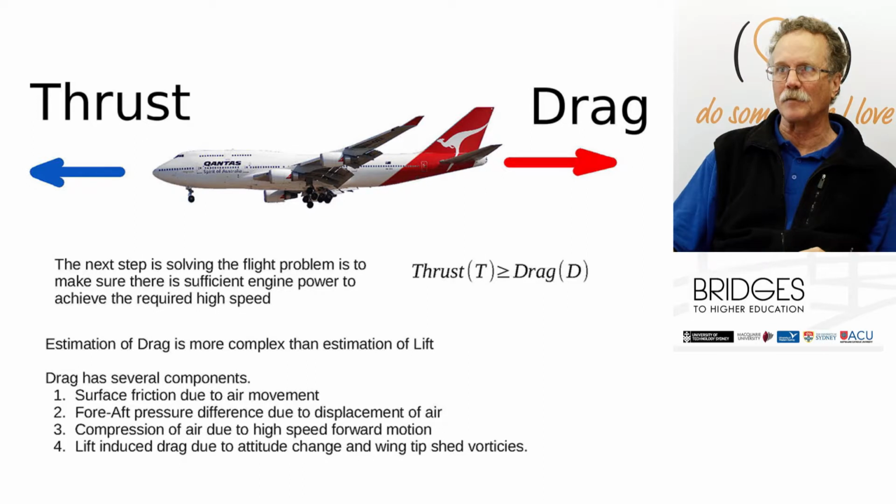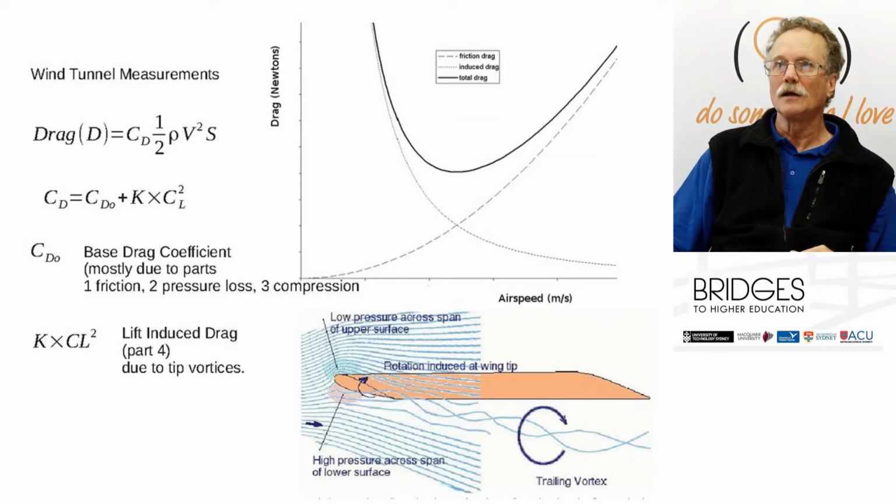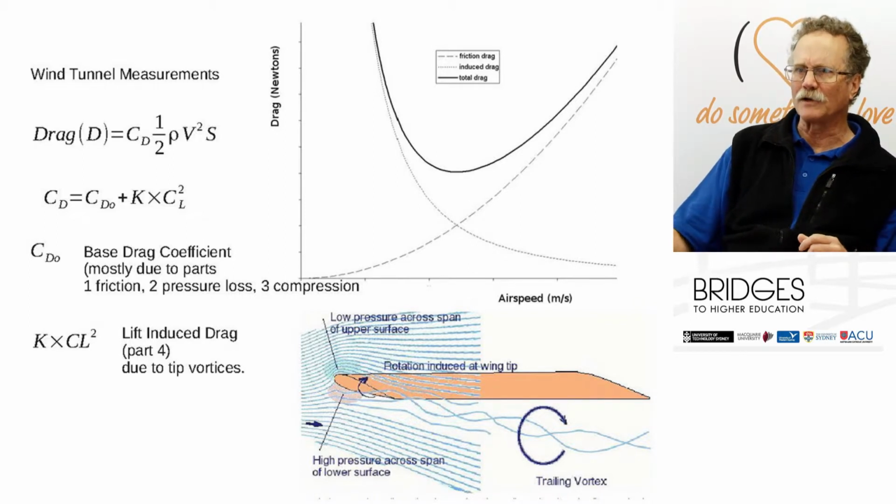All of that has to be overcome by the thrust of the engines. If I look at wind tunnel measurements again, so we won't go into complicated CFD equations and try and solve it directly, we'll go and get some wind tunnel results, and we'll find that versus airspeed, our drag tends to be high at low speed, minimises and then goes high again.